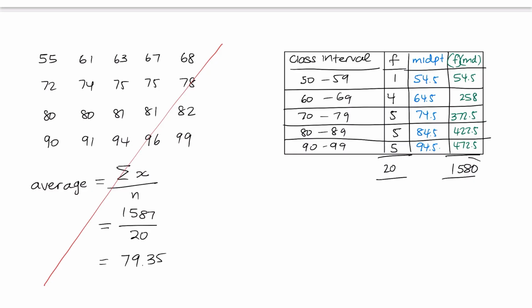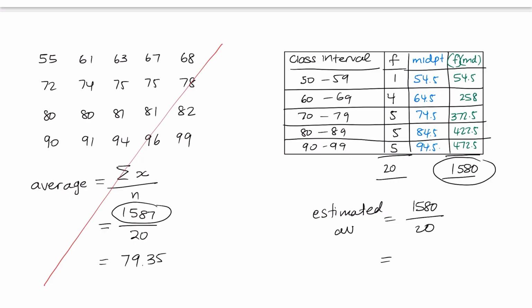Notice it is slightly different. That's why it's an estimate. It's an estimated average. So now we can say that the estimated average is going to equal 1,580 divided by 20, which is equal to 79, which is not too far off from the actual value.